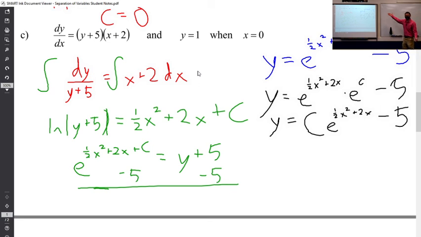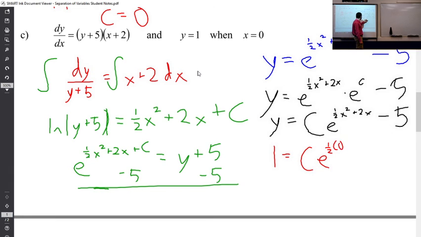So now we've solved for y, and now I just need to plug in and solve for c. And plugging in and solving for c is going to be a whole lot easier now. So y is 1 when x is 0.